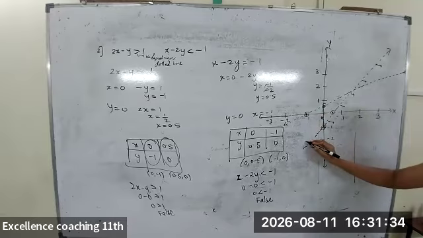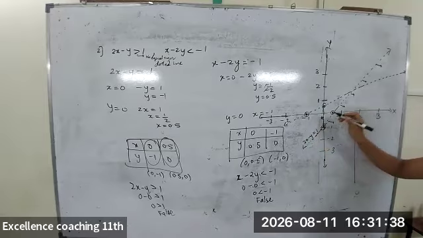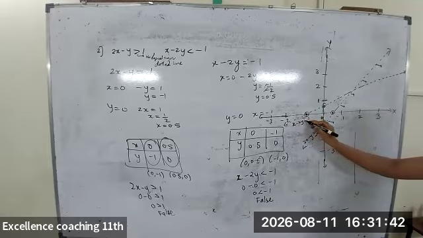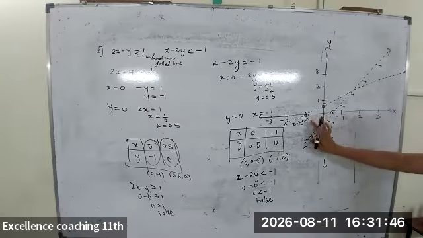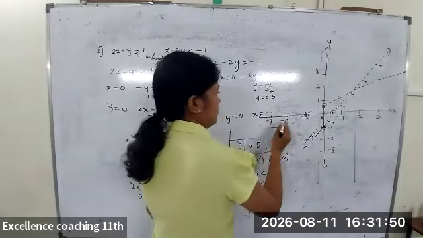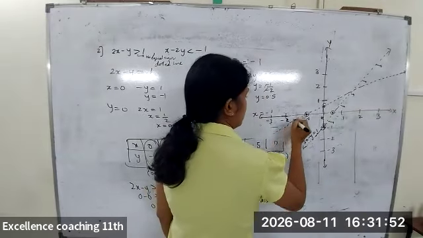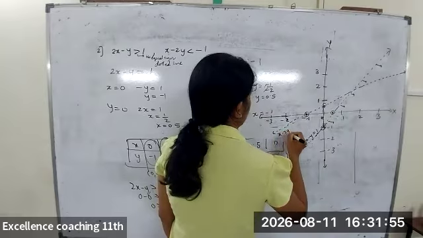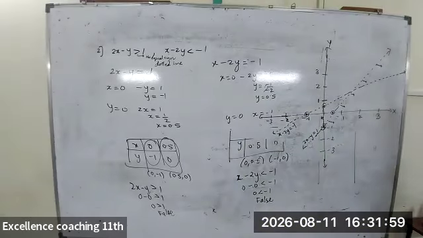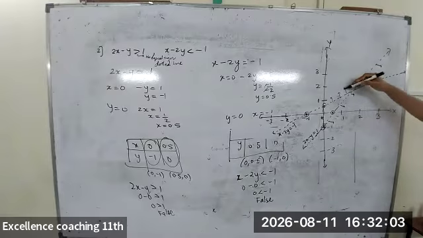We have not named the line, no? Name the lines also. Now again false. False means away from the origin.